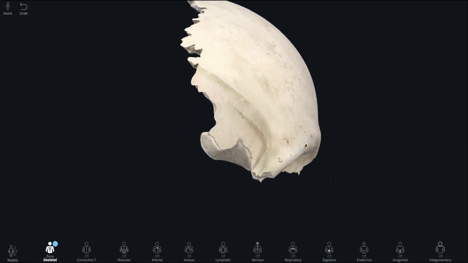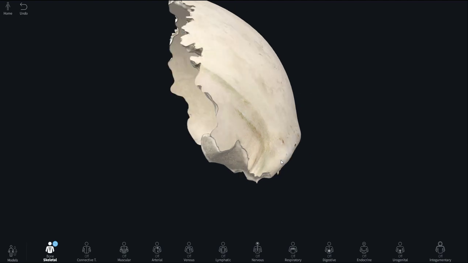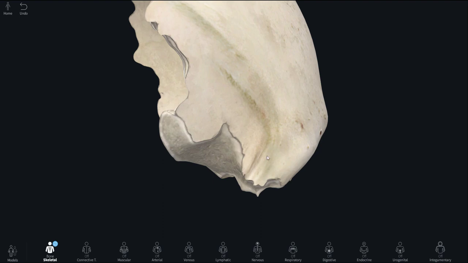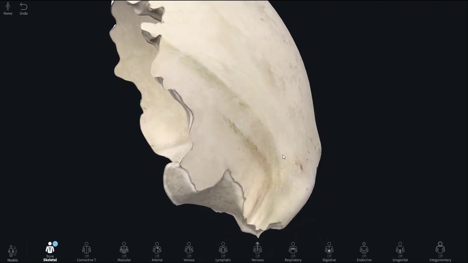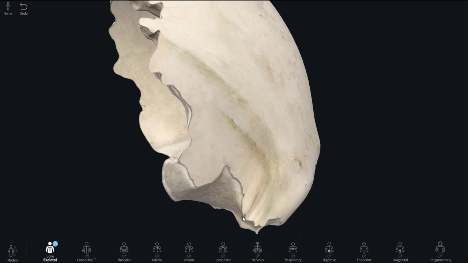See, the posterior margin of the zygomatic process, which is this here, is continuing above as a line and then splitting into these two lines. Can you make it out? I hope you can. This is the posterior boundary of the zygomatic process.